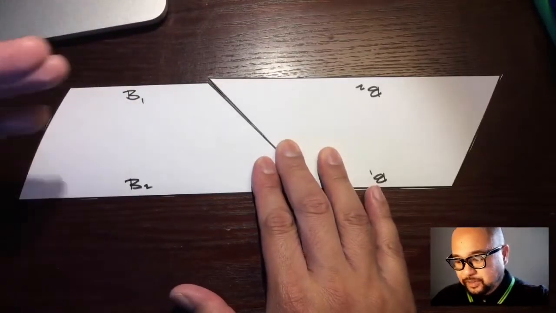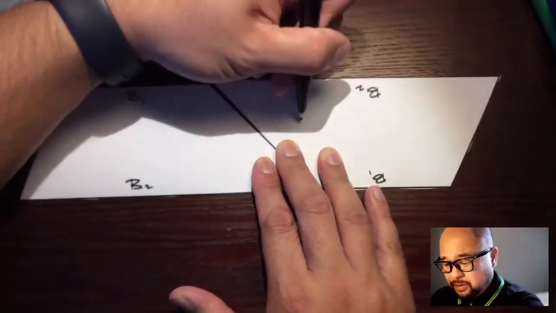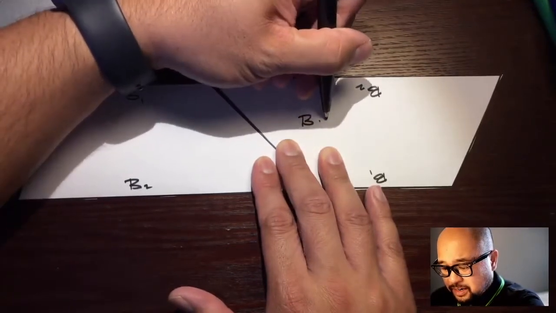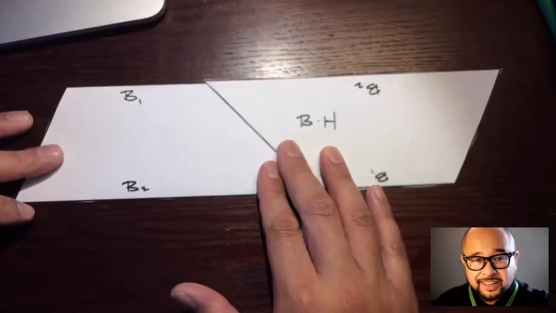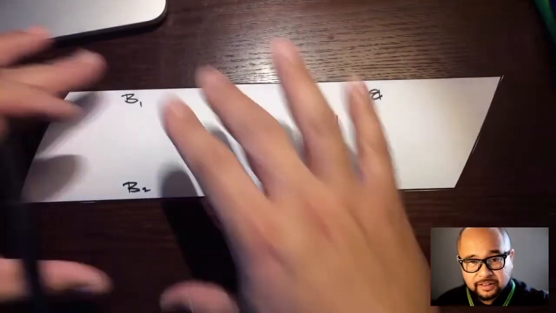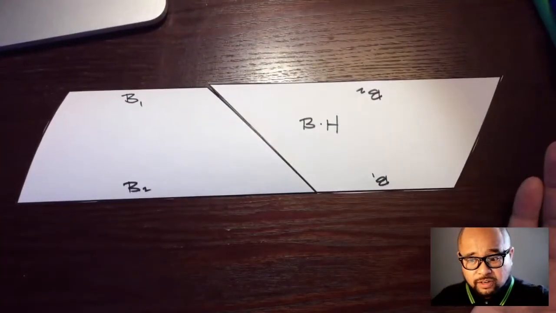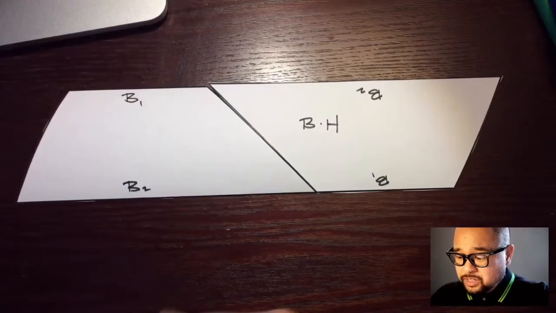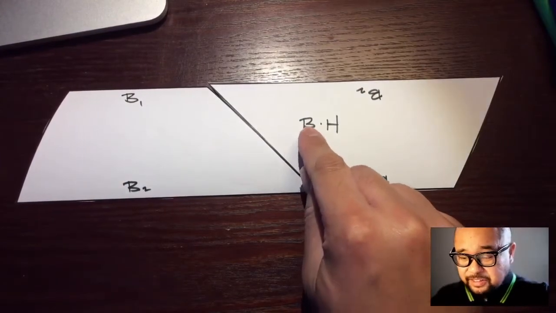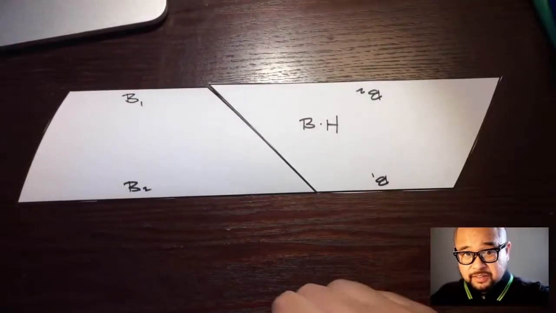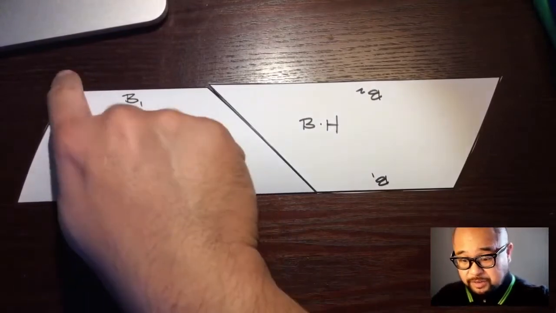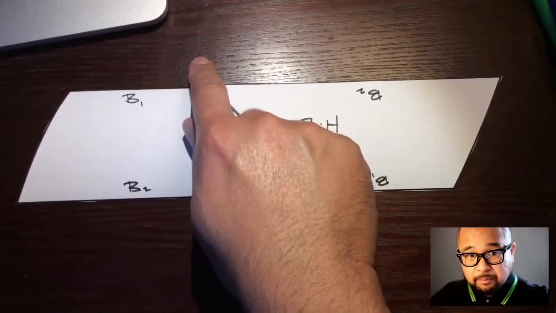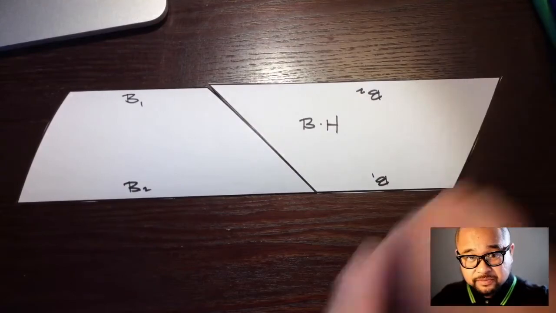Okay, so what's the area of a parallelogram? It is base times height. And let's look at this parallelogram. Let's just focus that this is one large parallelogram. What's the length of the base of this parallelogram? Well, wouldn't it be B1 plus B2?